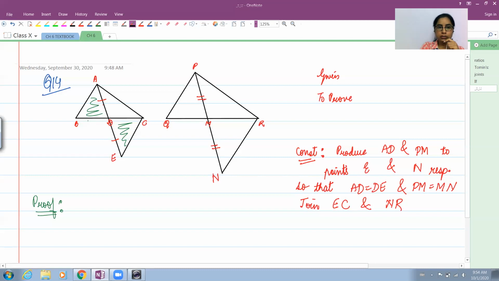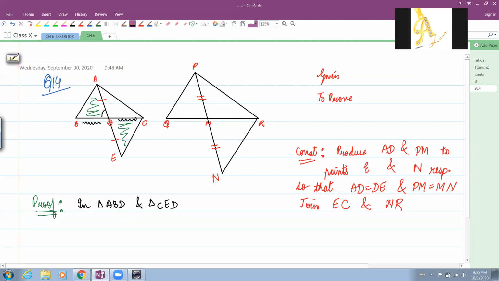So if you want, you can just mark that BD is equal to CD for yourself. I've already used symbols here, so I'm not going to introduce any more symbols. I'm going to take these two triangles, triangle ABD, and I'm going to take triangle ECD.